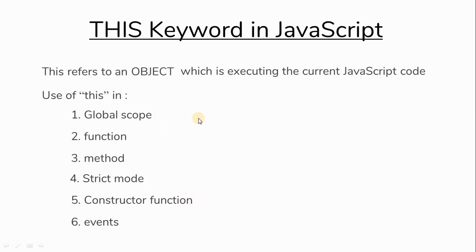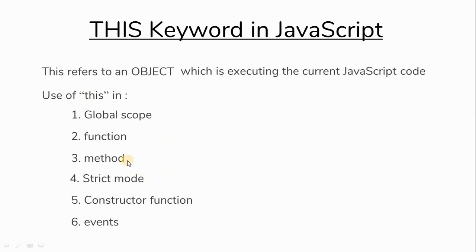These are the placeholders where this keyword will be used, and depending upon the placeholder, like global scope, function and method, the working mechanism of this will change depending upon the place where you are using it, right?